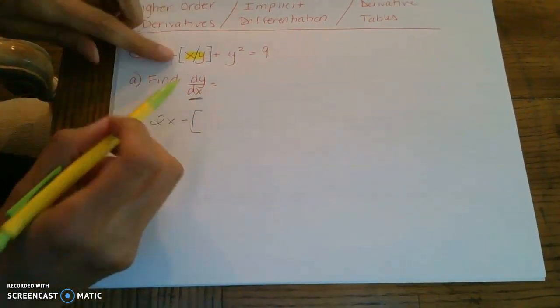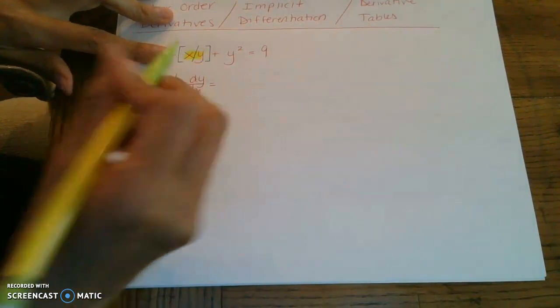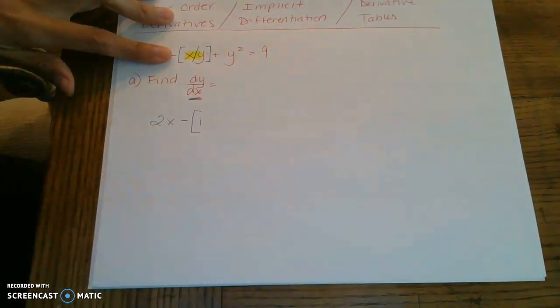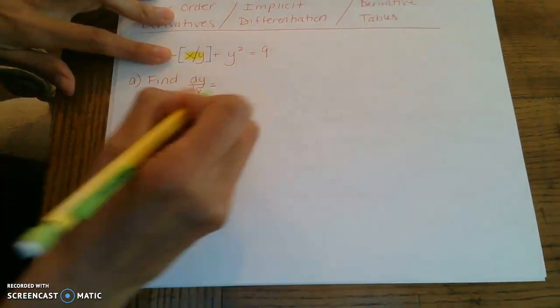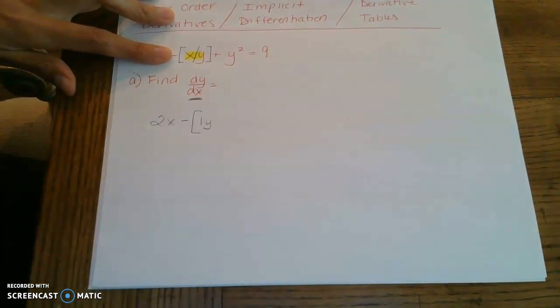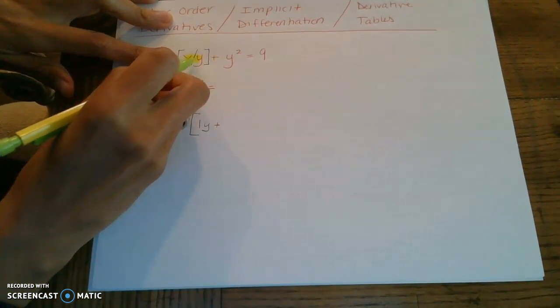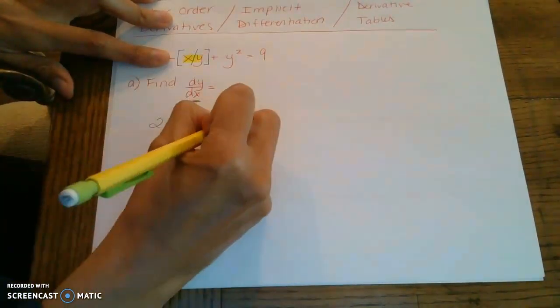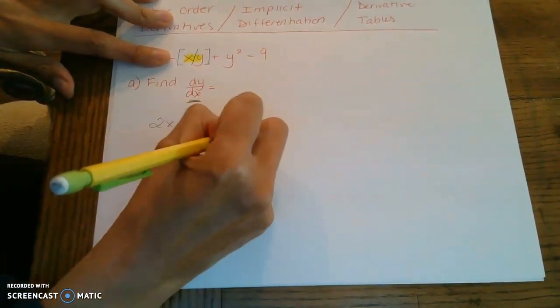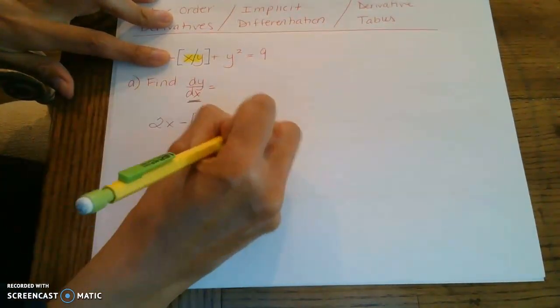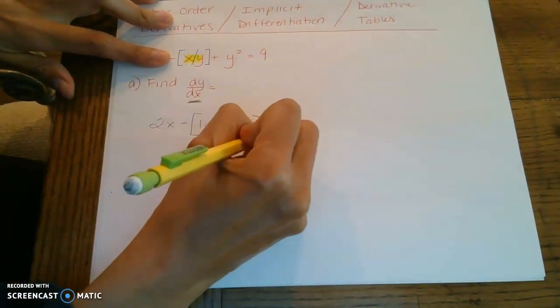It's the derivative of the first. Well, the derivative of the first is just 1 dx times the second, which is just y, plus the derivative of the second. Well, the derivative of the second is 1 dy dx times the first, which is just x. And that's my product rule.